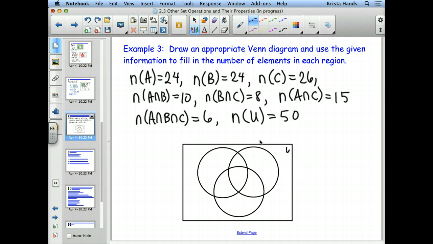And I'm going to label them, right? U, A, B, and C.